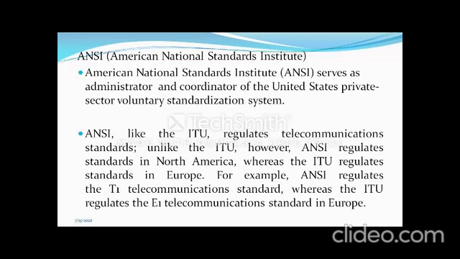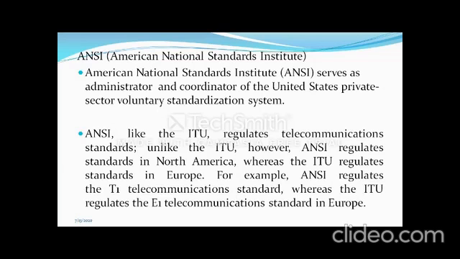ANSI, like the ITU, regulates telecommunication standards. ANSI regulates standards particularly for North America, whereas ITU regulates the standards in Europe. This is the European standard, that is the American standard.